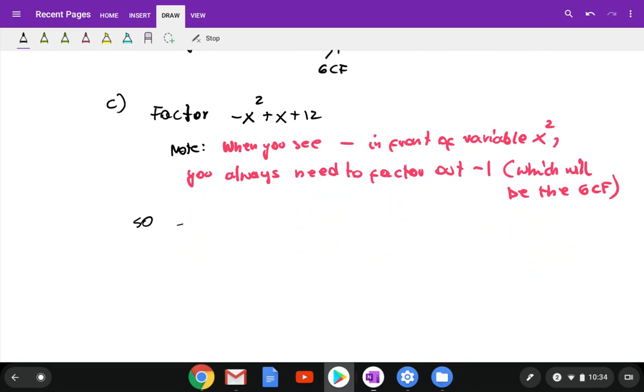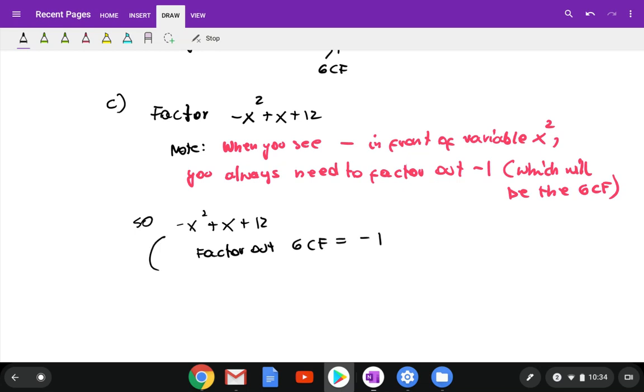So let's see how that's going to work. Negative x squared plus x plus 12. We have to factor out the GCF, which is equal to negative 1.